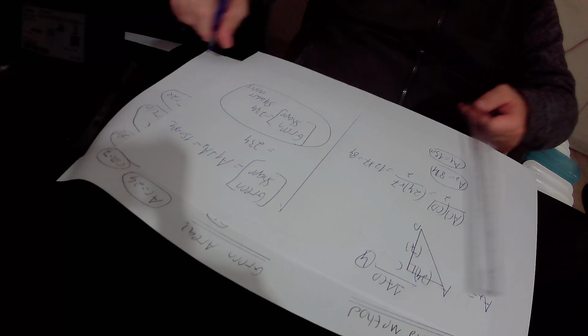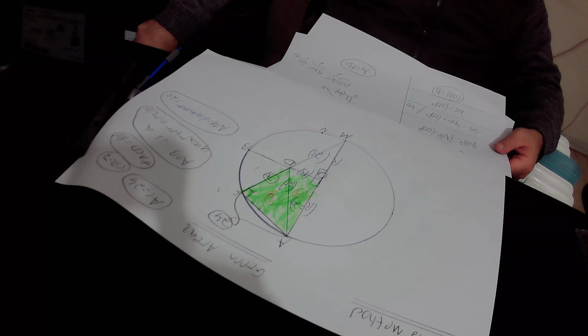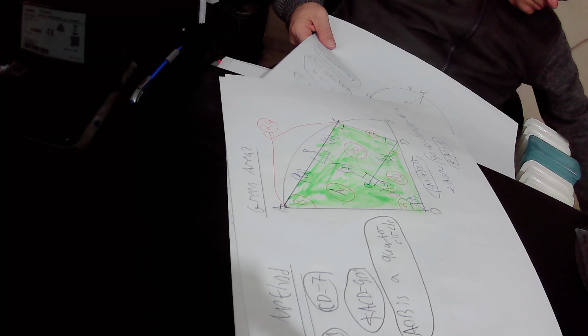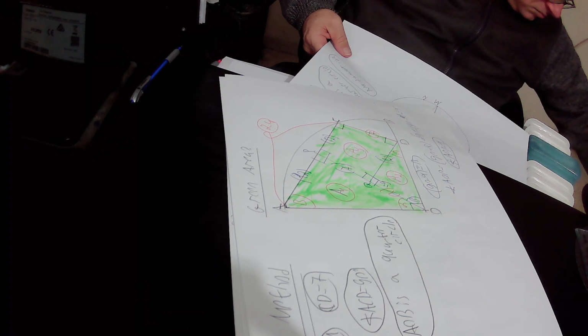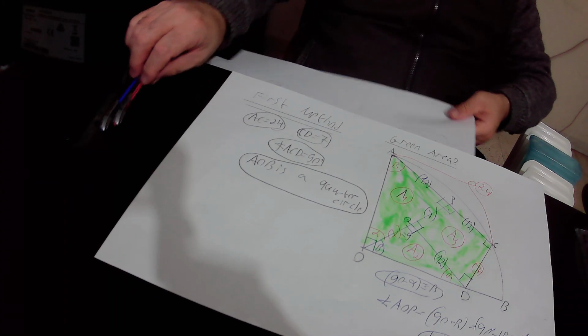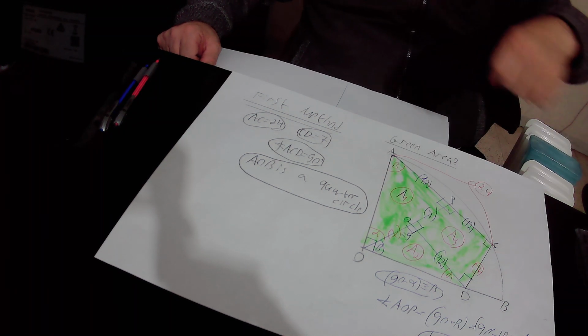We start with the first method, of course. In this lecture, we found out the area of this green quadrilateral AODC.